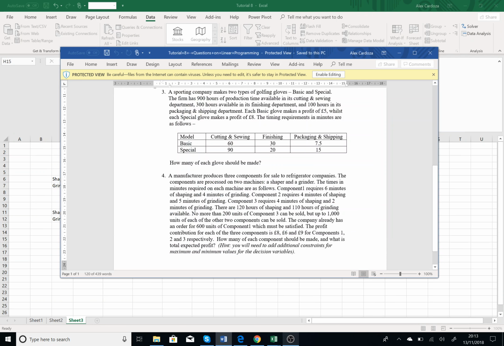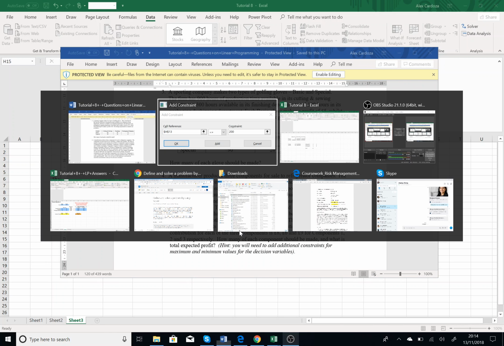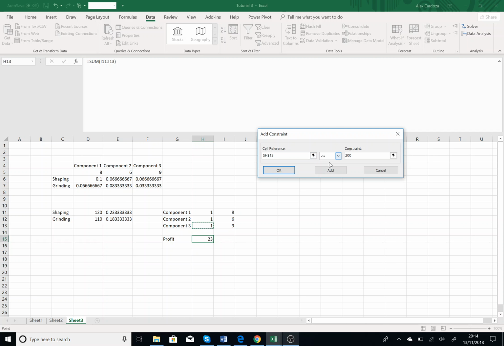And then it's saying the company is already on order for 600 units of component 1. But all the other components can have up to an extra 1,000 units, so that's got to be 1,000.